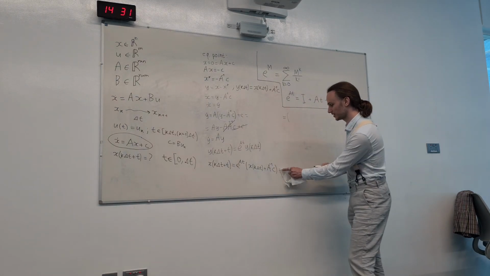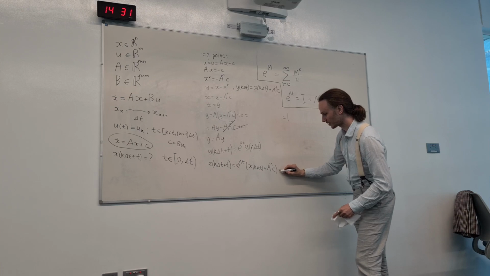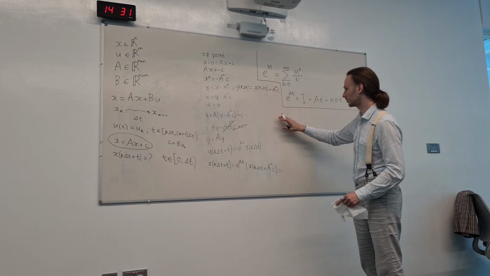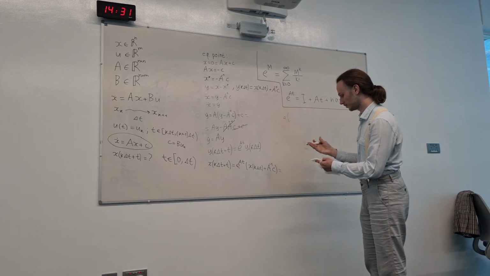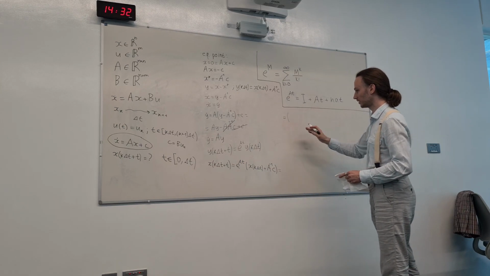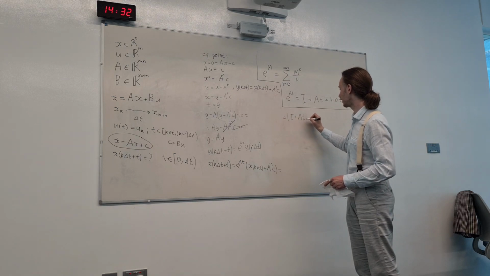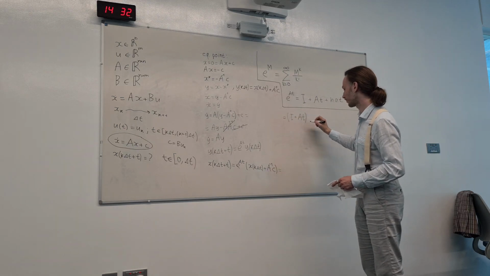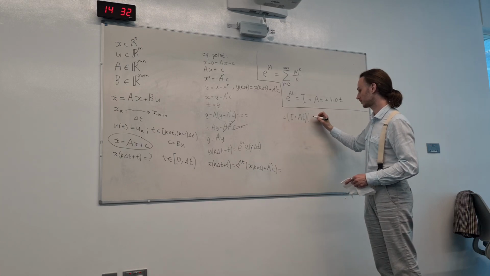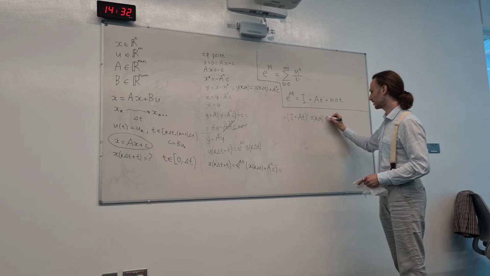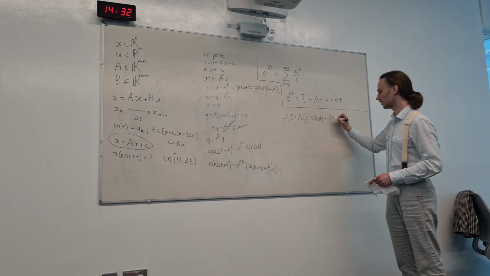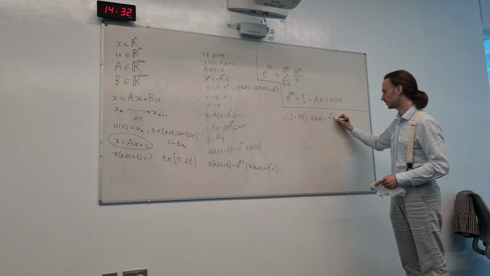We will use this approximation. It's kind of inaccurate, but let's do so. Identity plus At times x at k delta t plus A inverse c.